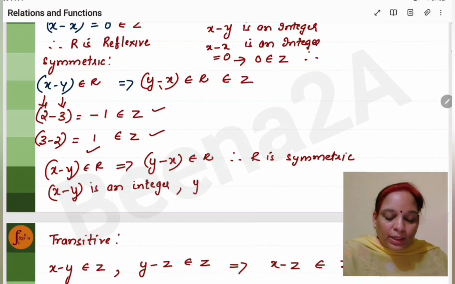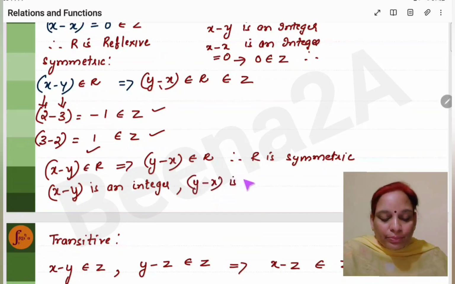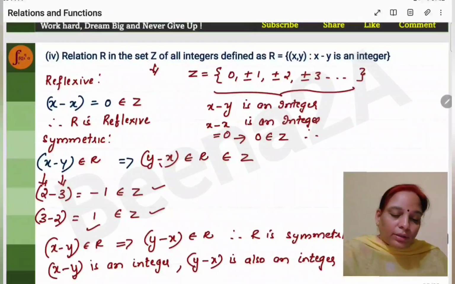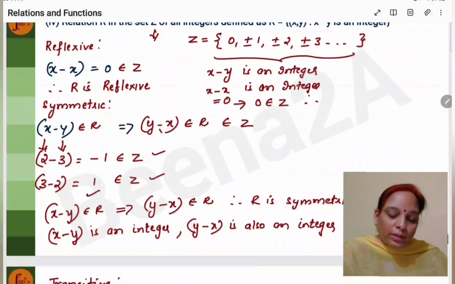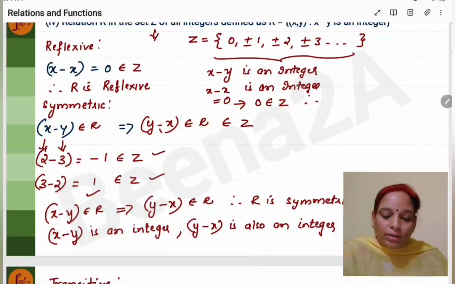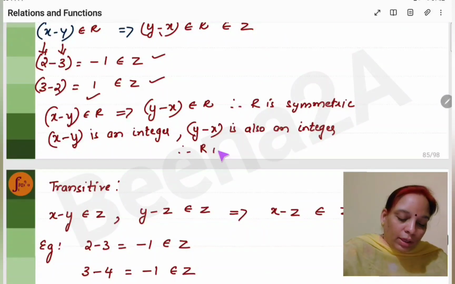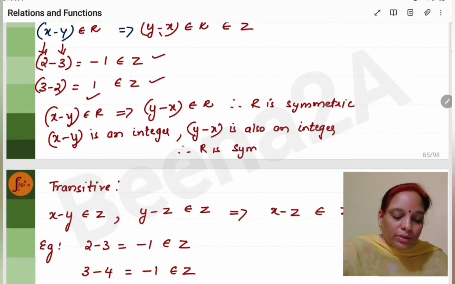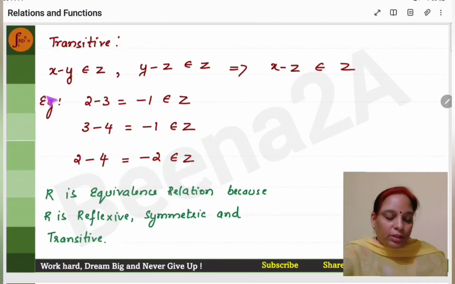This implies that y minus x is also an integer. That is the relation here. The relation is x minus y should be an integer. So x minus y is an integer, y minus x is also an integer. Therefore, R is symmetric.